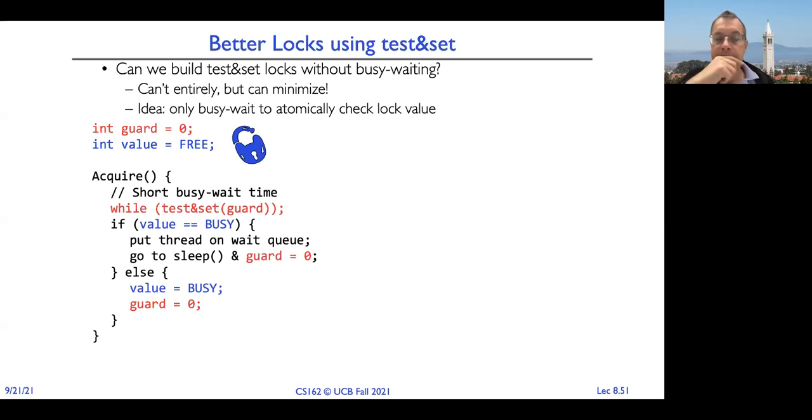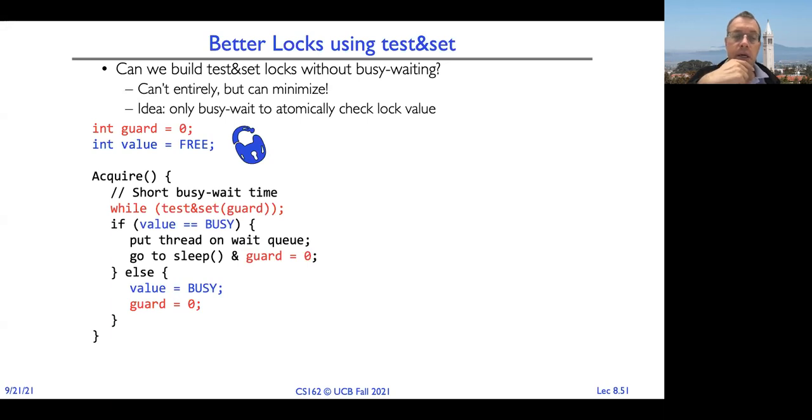Okay? So use a test and set to implement and protect these critical sections, acquire and release. So the solution is very simple. We define another variable, which is called guard. This ensures the mutual exclusion for these critical sections, which are in the acquire and release.